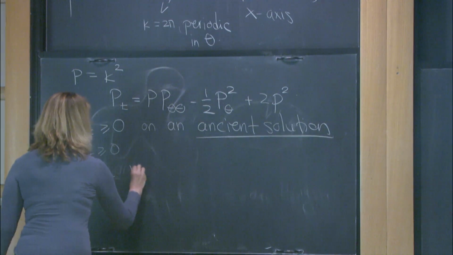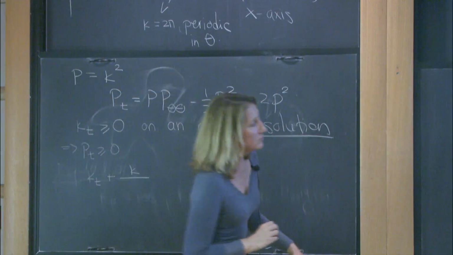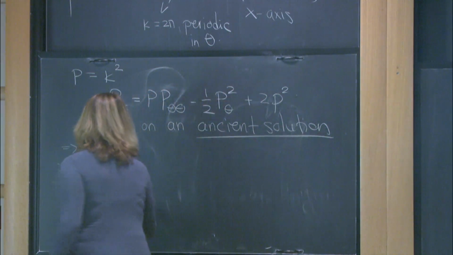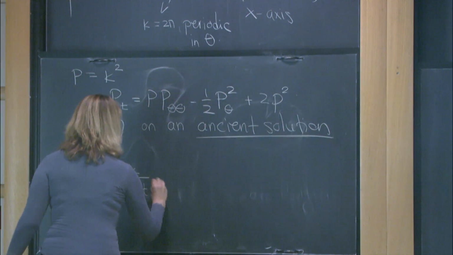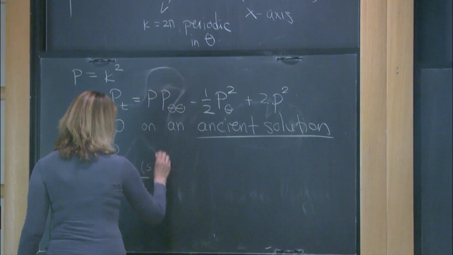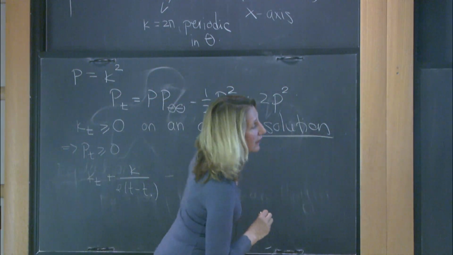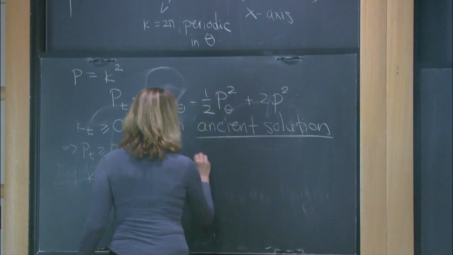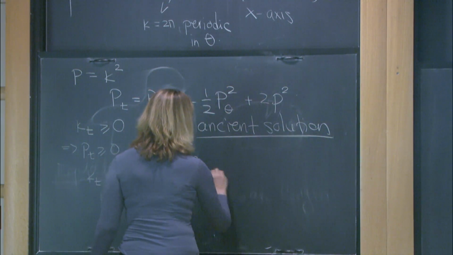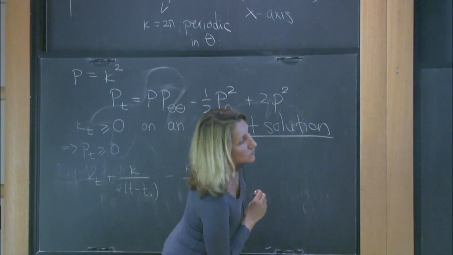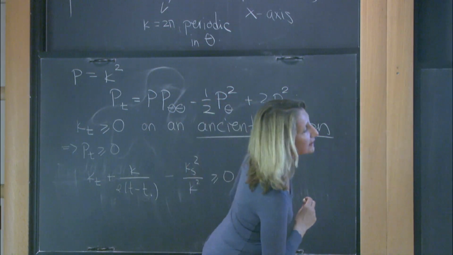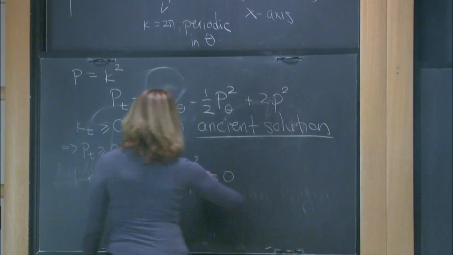So I have kappa t, plus kappa over 2(t minus t naught), at the point, let's say, s and t, minus kappa s squared over kappa squared, bigger than or equal to 0.